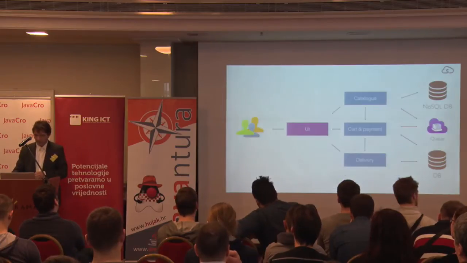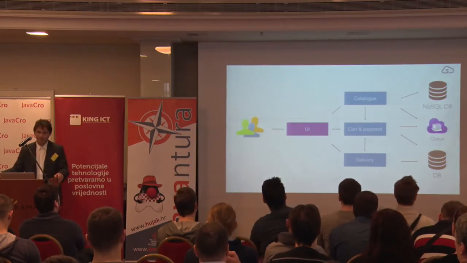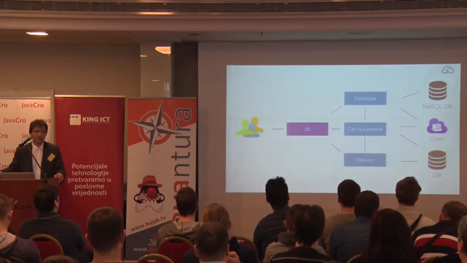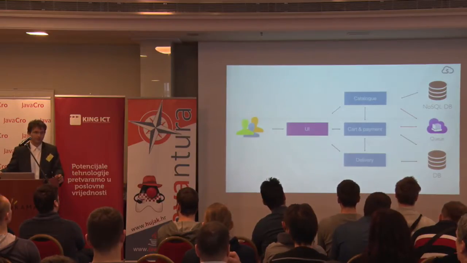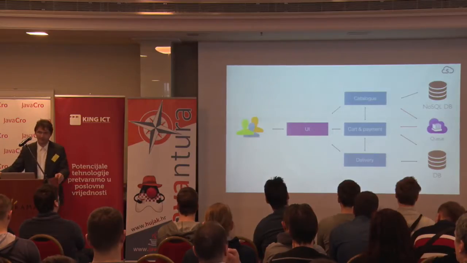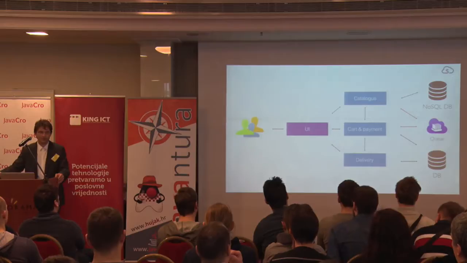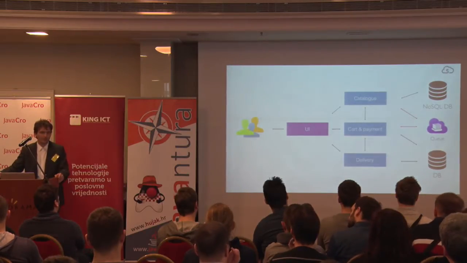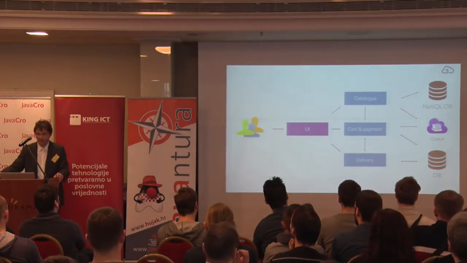Let's see how we would do it in a microservice way. In a microservice way, this application would break up into 3 different services and a front end. And the major difference would be that we would pack all those different parts, so the 3 services and the front end, separately.